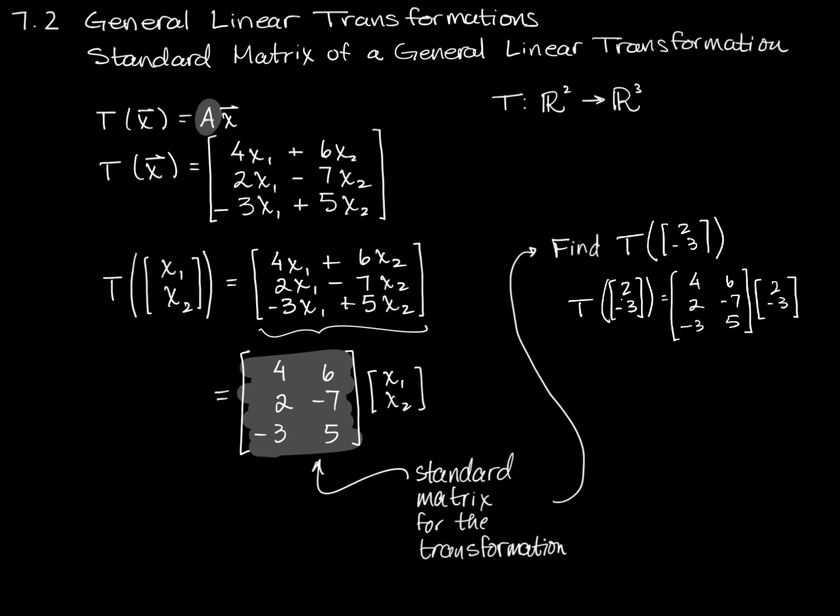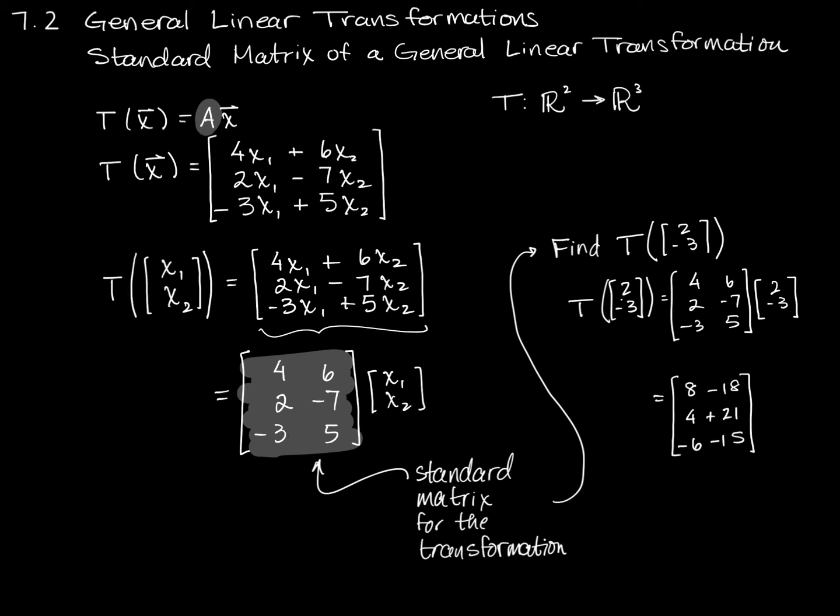If I do that multiplication, I'll get 4 times 2 plus 6 times -3, 2 times 2 plus -7 times -3, and -6 minus 15. So I can do this transformation easily enough now, but the reason I can do it is that I've picked out the standard matrix for the transformation.